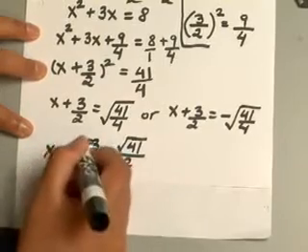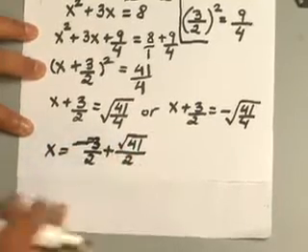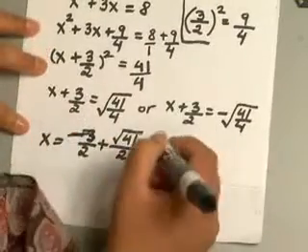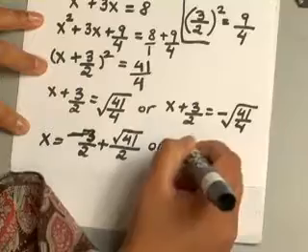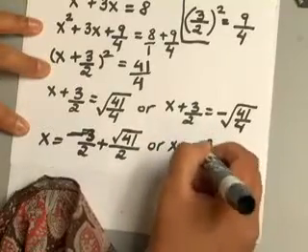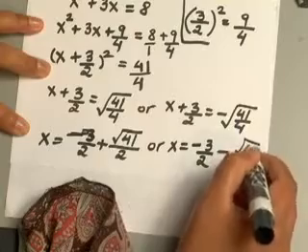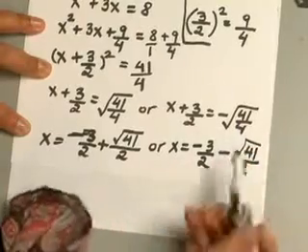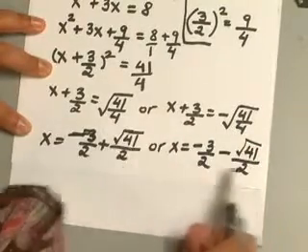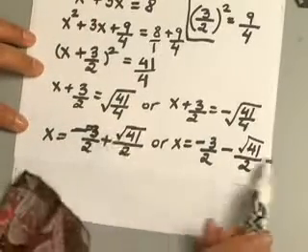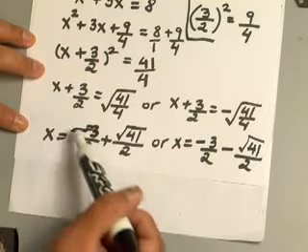Okay, you want to take the 3 halves to the other side, so they will become negative 3 halves plus square root of 41 over 2. Okay, same thing on the other side. You will end up with x equals negative 3 halves minus square root of 41 over 2, because again square root of 4 is 2.